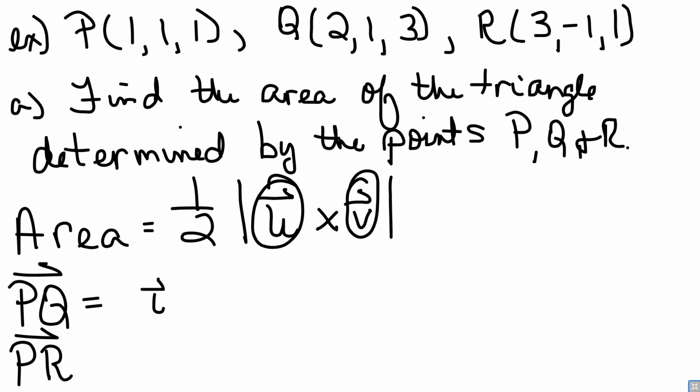We're not going to get 2. So you've got to remember, how do we compute the vector? Yes, it's going to be 1 because we have to subtract the values. Then we're going to have plus the coefficient for the j component is going to be what? 0. Plus the coefficient for the k component is going to be what?